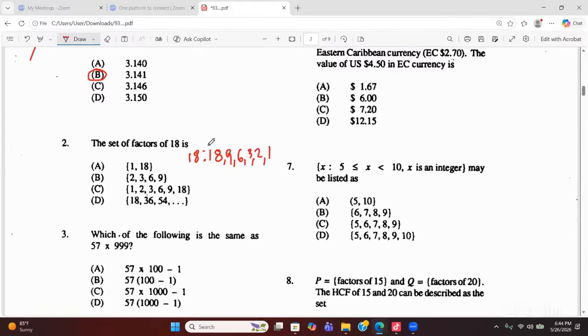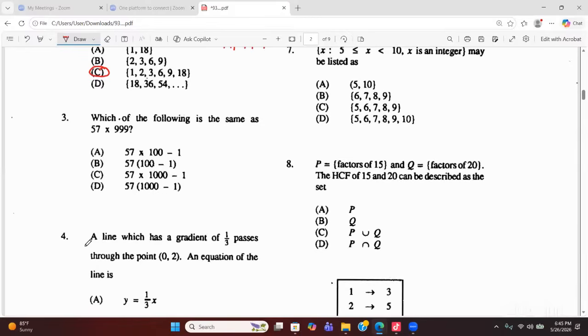So these are the factors of 18. You name them, you look, you realize you're seeing it. These are factors of 18 right there at number 2. Remember to type your answer so that we could see if you're on par, if you're getting things right as we go. All right, let us keep it going.